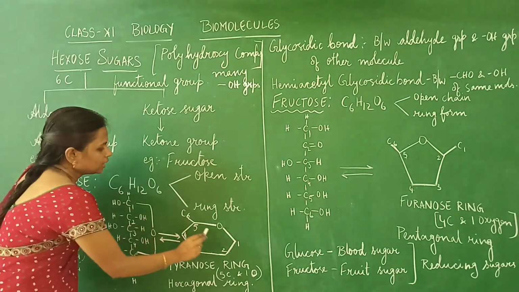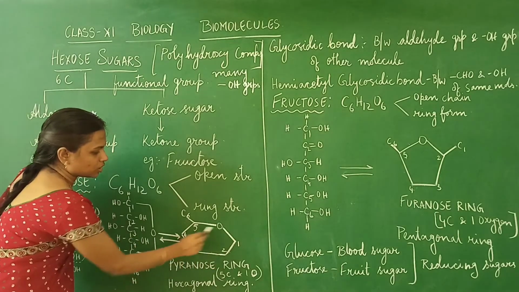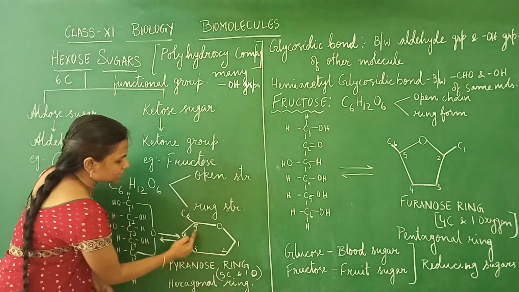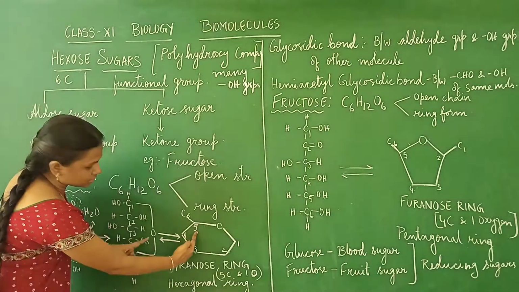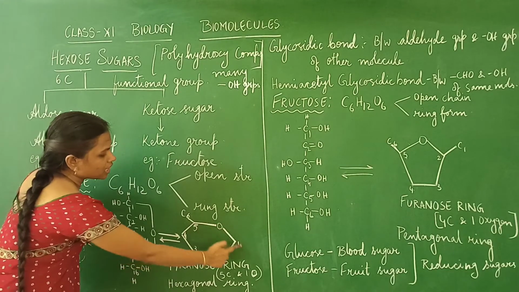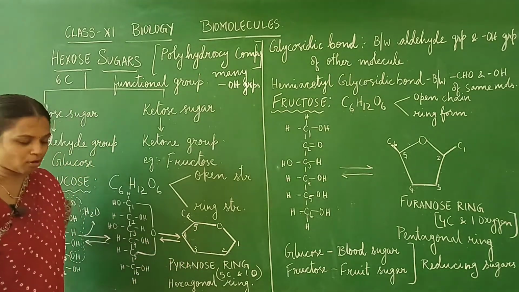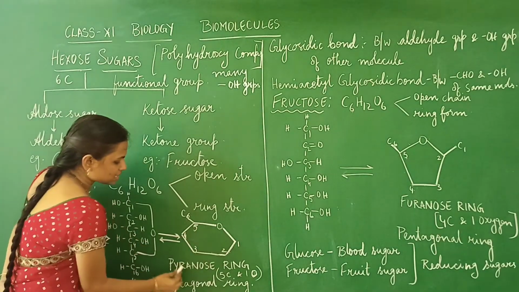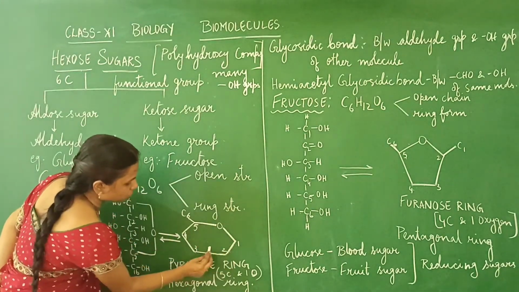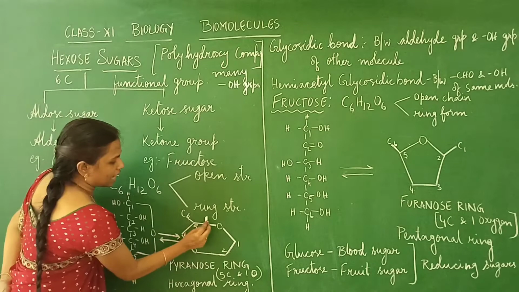Now, this can be very clearly understood by this ring structure. So, a bond is formed between the 1st carbon atom and the 5th carbon atom as shown here, and then you have a ring shaped structure which is formed. This ring has 6 sides, 1, 2, 3, 4, 5 and 6.